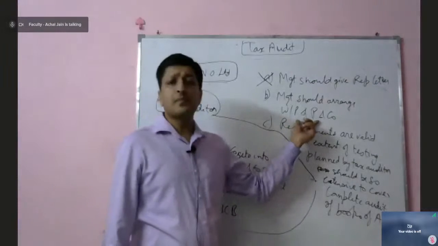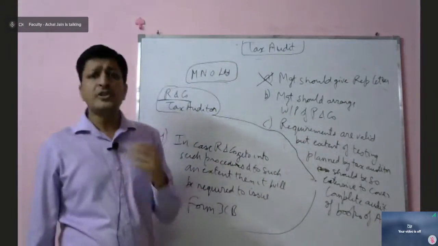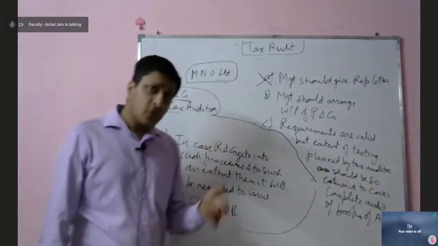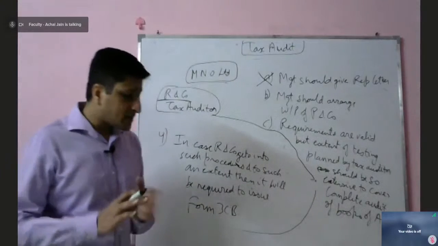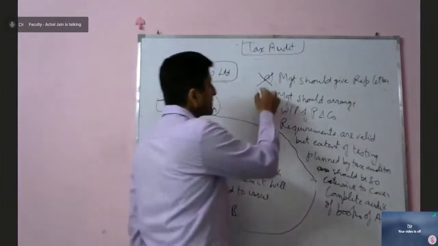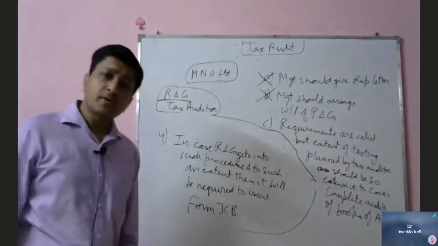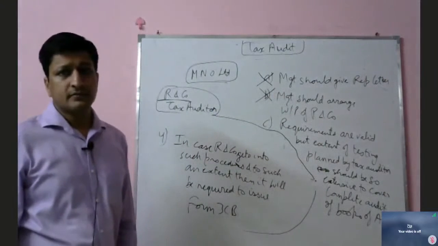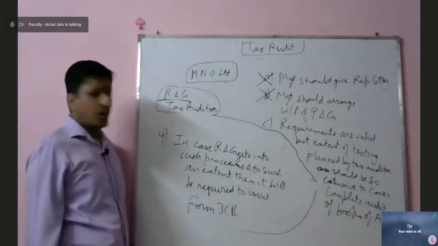So these working papers of the statutory auditor are his property. These are not allowed to be shared by the auditor with another auditor, even if the management is requesting. So that option is completely invalid. So this is not possible. This option also goes away. Correct? Yeah.